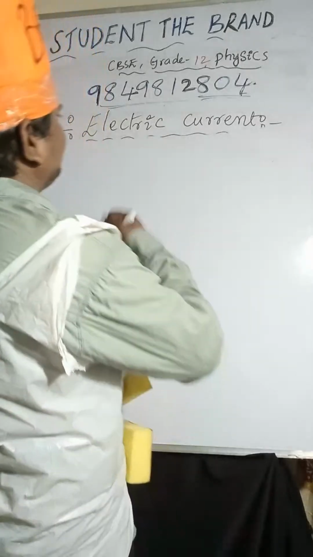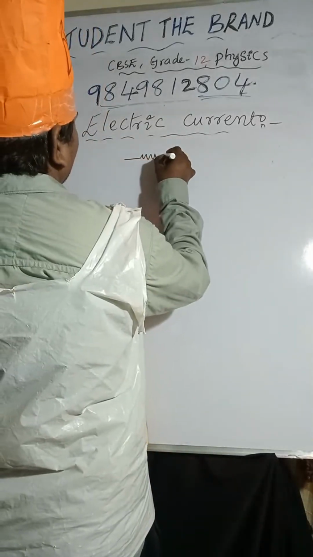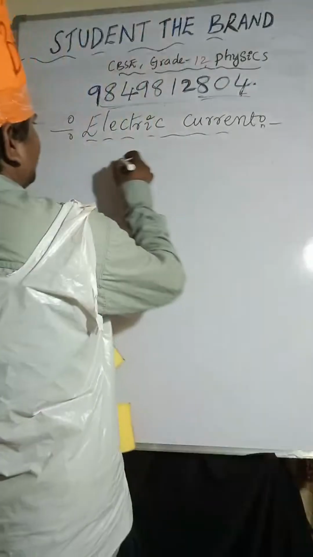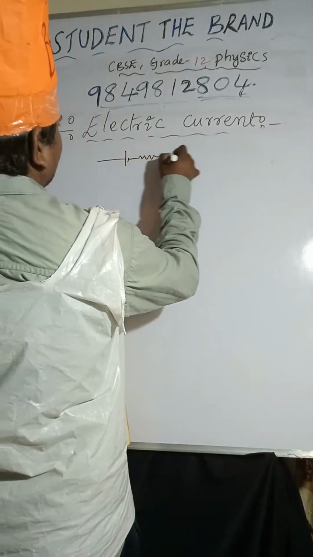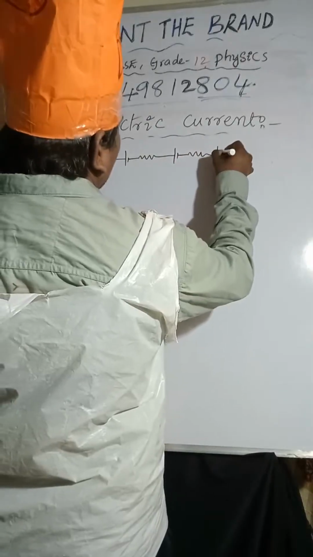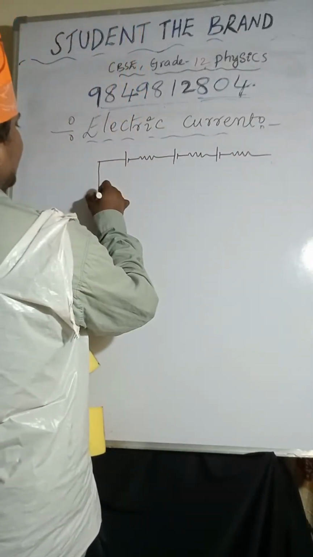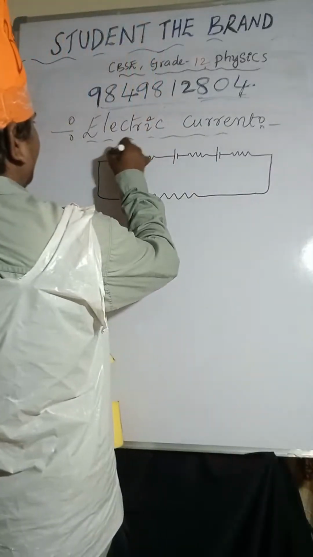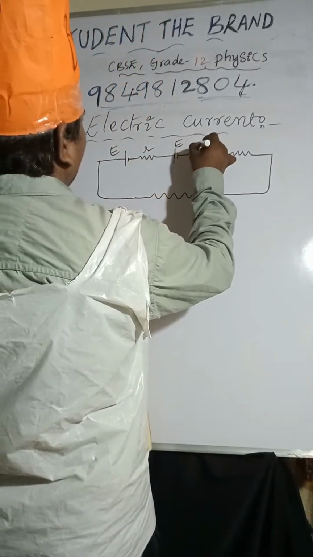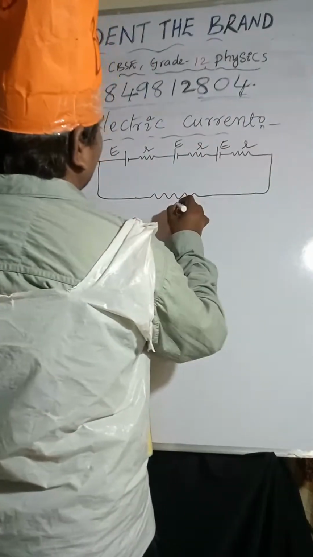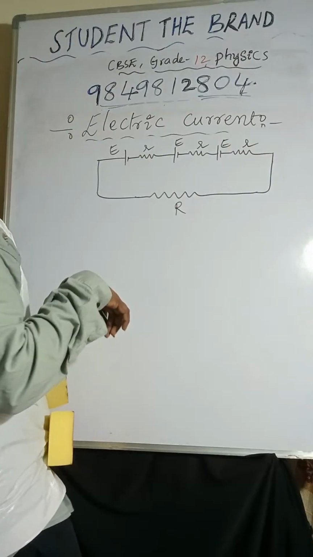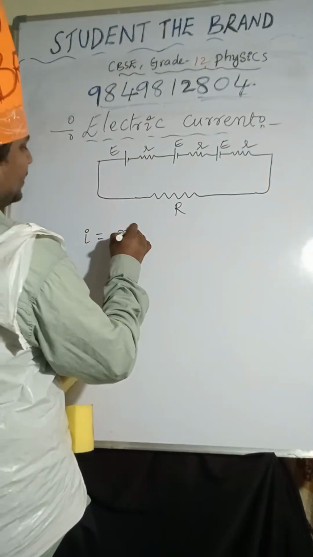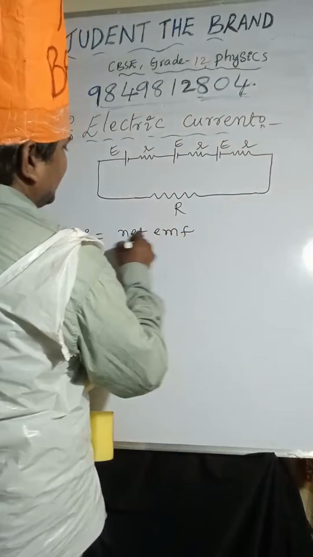Here you can see the cells, each with EMF E and internal resistance r, connected in series to an external resistance R. Then I equal to net EMF by net resistance.